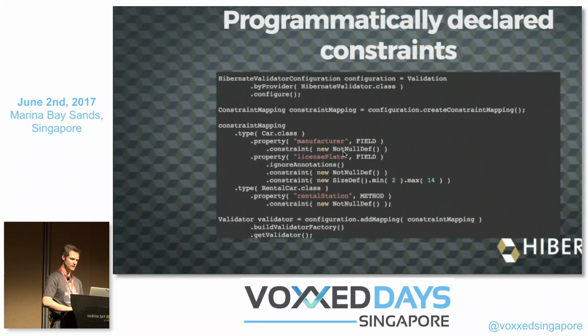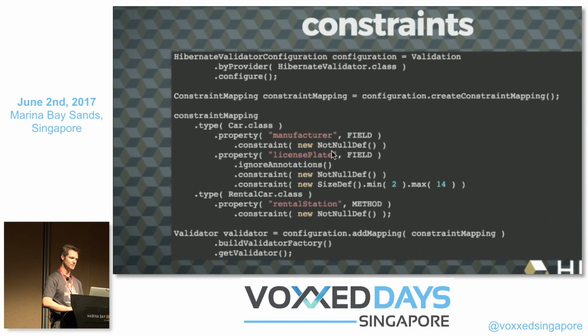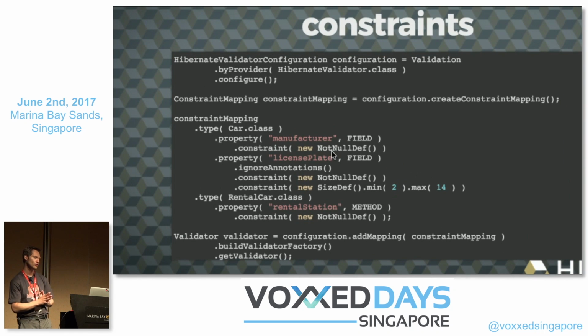This one is interesting. That's a programmatic way to declare the constraints. That's specific to Hibernate Validator. So you can use the annotations to declare the constraints, or if they're static, you can use XML to declare the constraints away from your objects. But the third way is to use the programmatic API, which is safer than XML from a certain point of view, closer to your code, so I find it interesting.